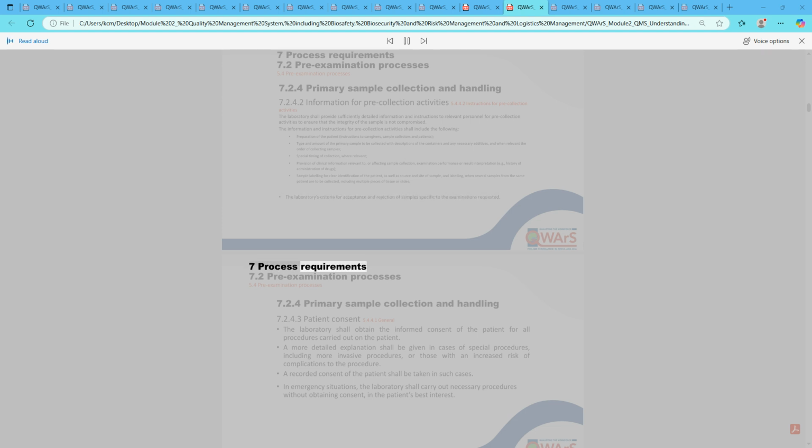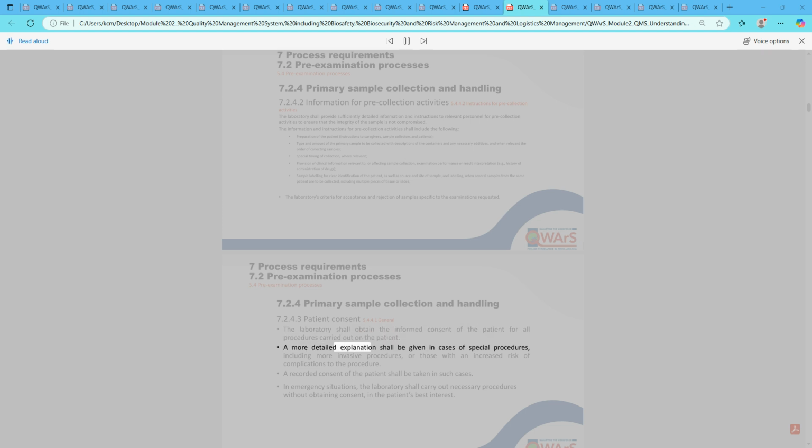7 Process Requirements, 7.2 Pre-examination Processes, 5.4 Pre-examination Processes. 7.2.4.3 Patient consent, 5.4.4.1 General. The laboratory shall obtain the informed consent of the patient for all procedures carried out on the patient.